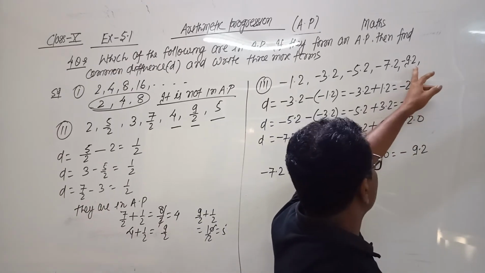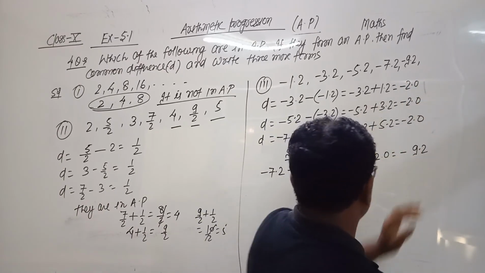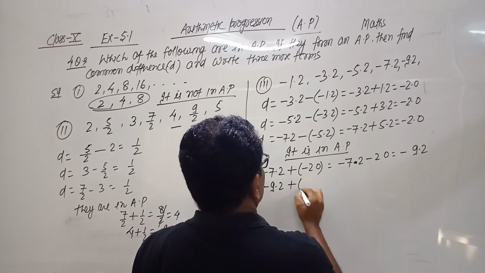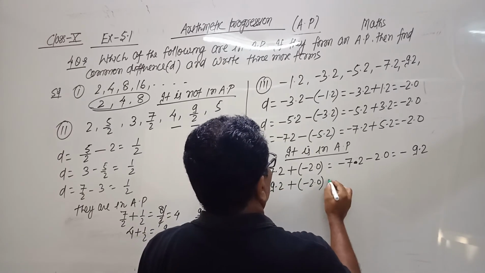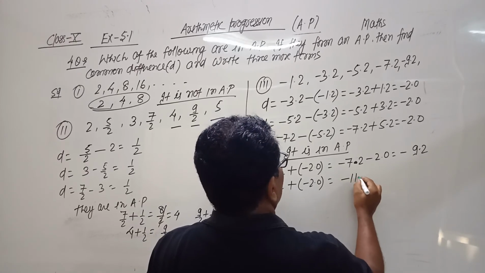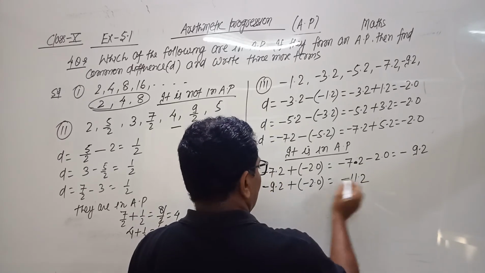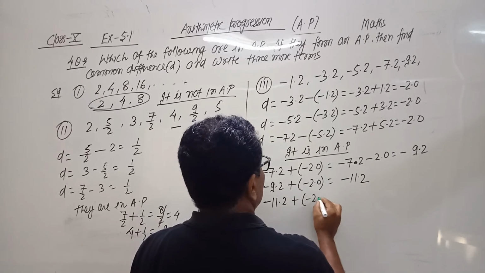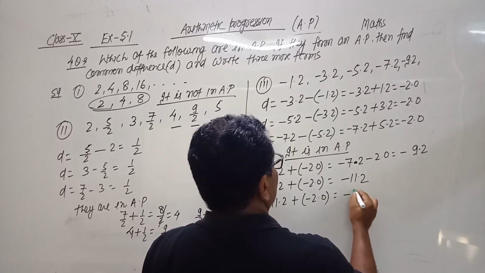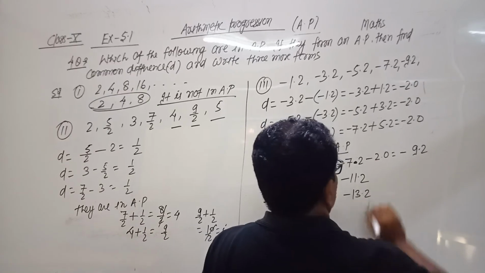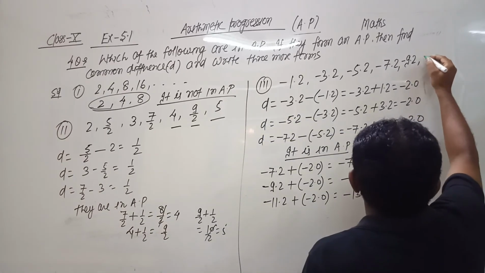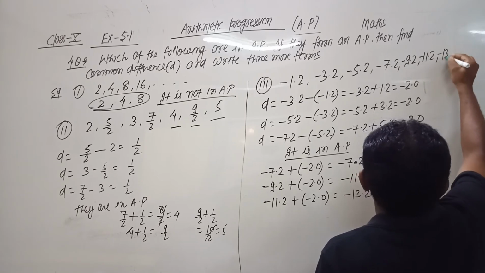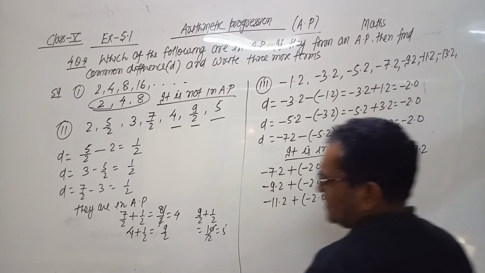Again we add minus 2.0 to the last term. So minus 9.2 plus minus 2.0, we get minus 11.2. Then minus 11.2 plus minus 2.0, we get minus 13.2. So the next terms are minus 9.2, minus 11.2, minus 13.2.